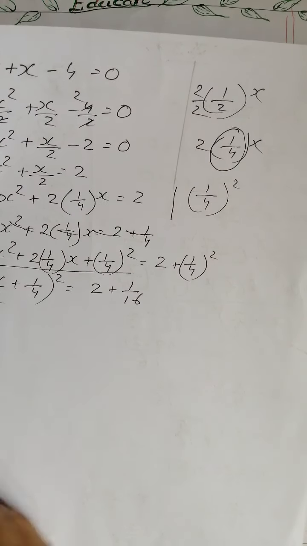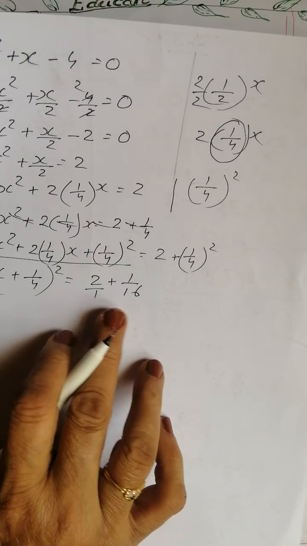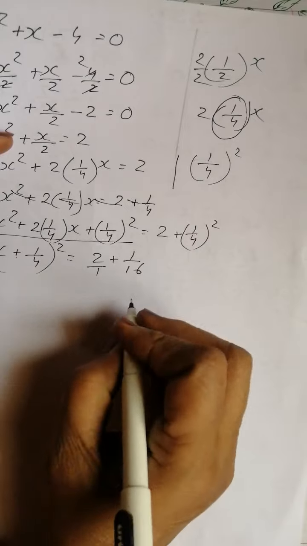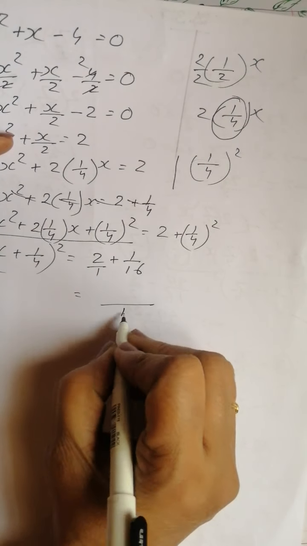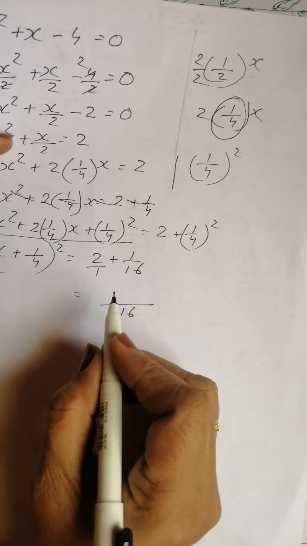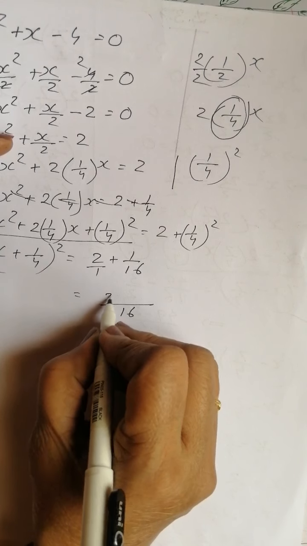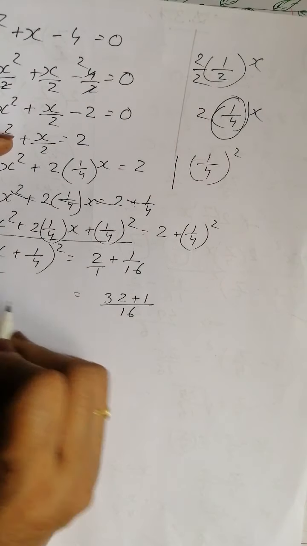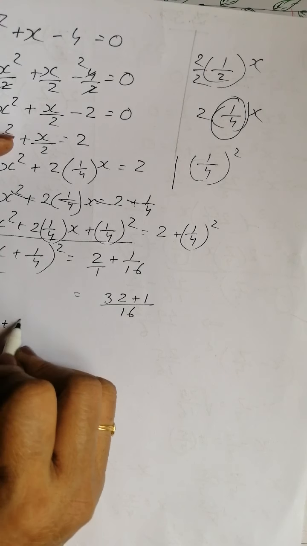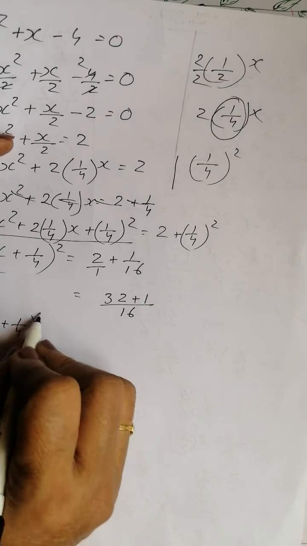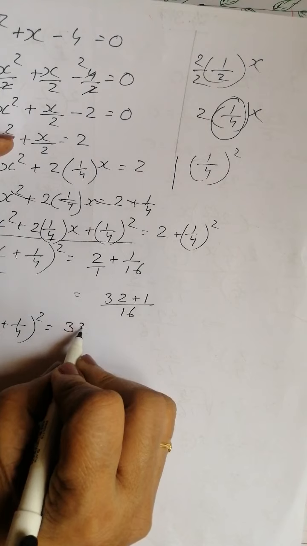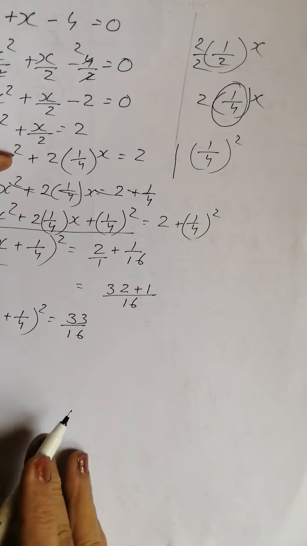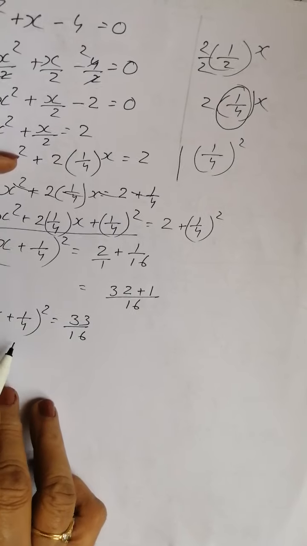Is it not? Now if I take our LCM, what will I get? 16 is the LCM. 16 2s are 32. So 32 plus 1. So I will get x plus 1 by 4 the whole square as 33 over 16. Is it not? Up till here it is clear? 33 over 16.